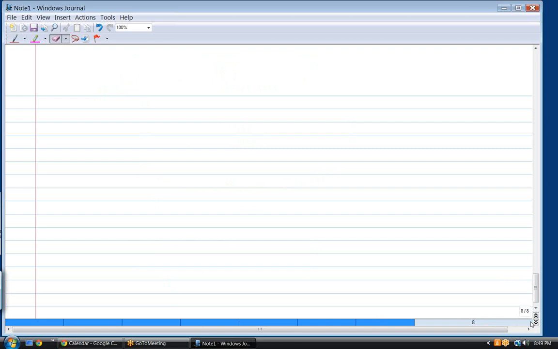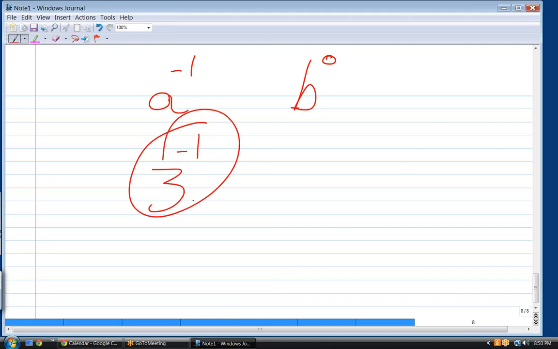Okay, the next one says evaluate a to the power of -1 plus b to the power of 0, for a equals 3 and b equals -1. So they want 3 to the minus 1. What's that equal to?